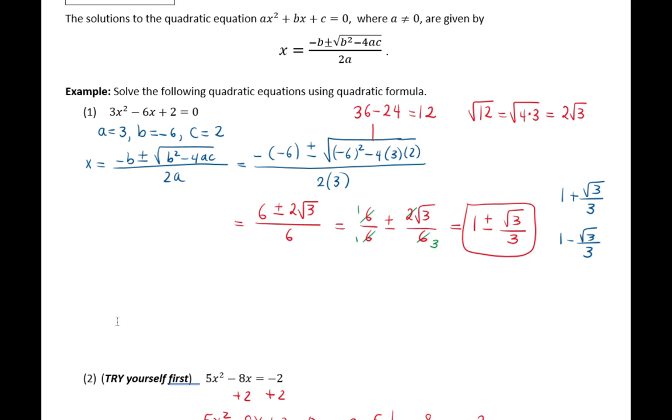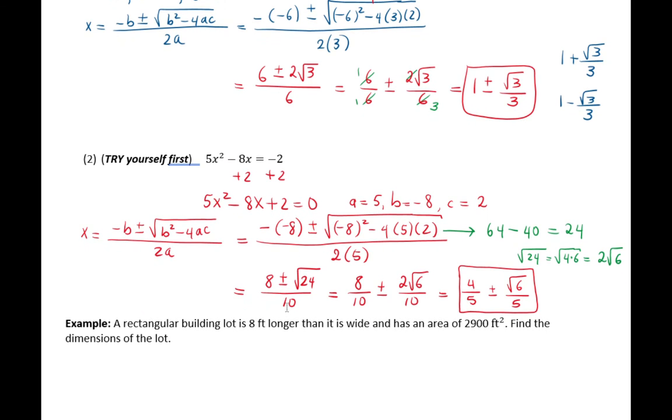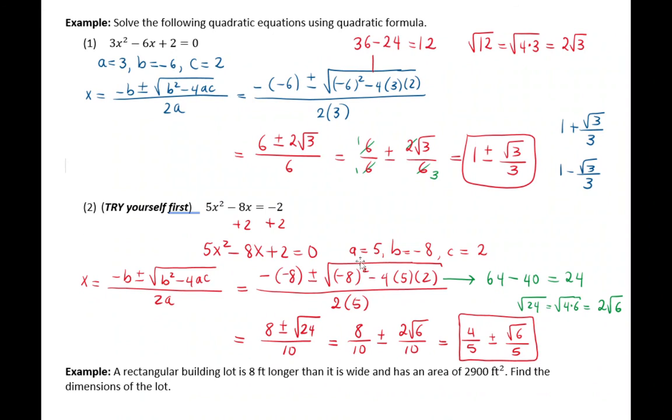So this is the problem. I actually give you some hint at the bottom. So use the quadratic formula. If you look at this problem, you need to add 2 to both sides.